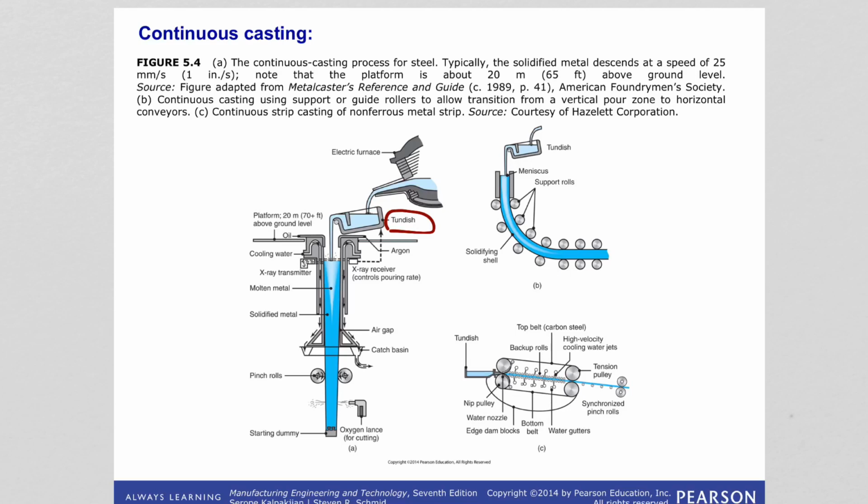The molten metal is then tapped from the tundish, travels downward through water-cooled copper molds, and begins to solidify and is drawn through the molds at a constant velocity by rollers, which we call the pinch rolls.